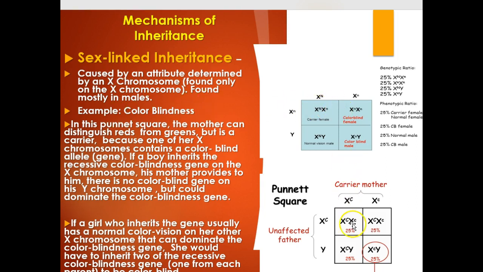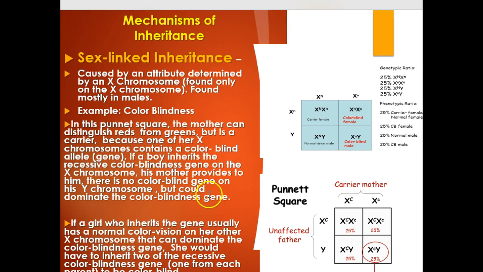So in this Punnett square, the mother can distinguish reds from greens, but she is a carrier because one of her X chromosomes contains a colorblind gene. So if a boy inherits the recessive colorblindness gene on the X chromosome that his mother provides to him, there's no colorblind gene, so he would be unaffected at that moment.